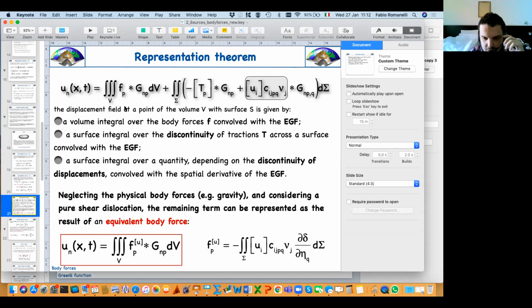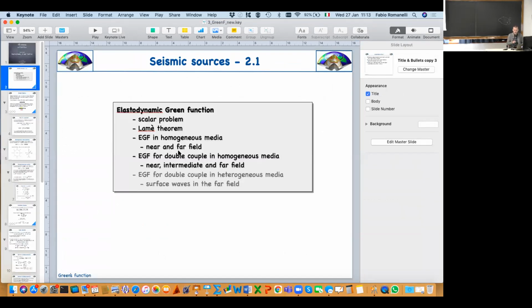Yeah. It's okay. Well, what we have to do today is consider a body force. Because when we worked with the representation theorem, that work was based on a definition that we used in the reciprocity theorem.